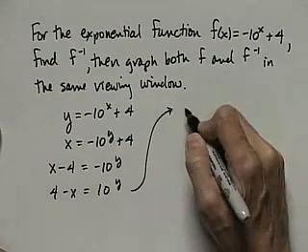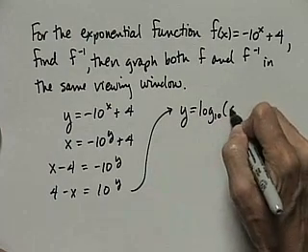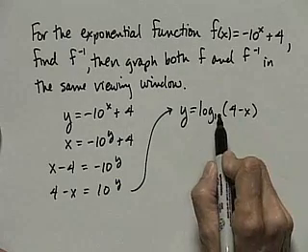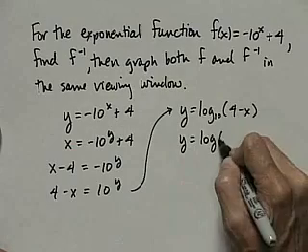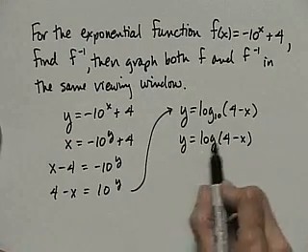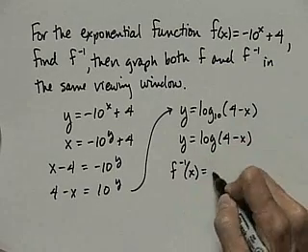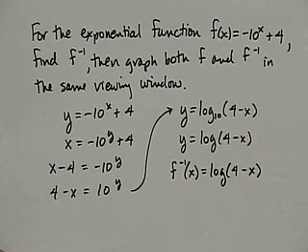We write that y equals log base 10 of (4 minus x). It's common to write a log base 10 without writing the 10, just writing the letters log. Now this is the inverse of f, and so I need to indicate that by writing f inverse of x equals log(4 minus x).